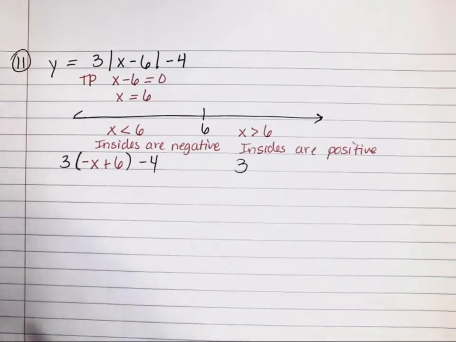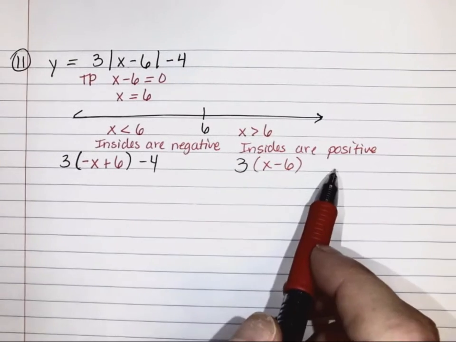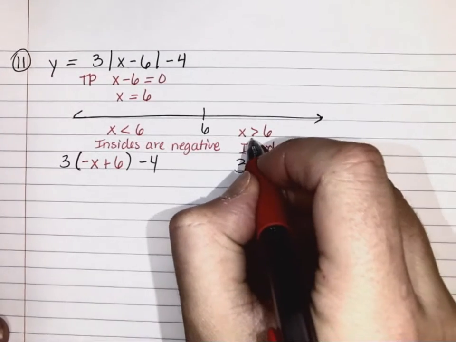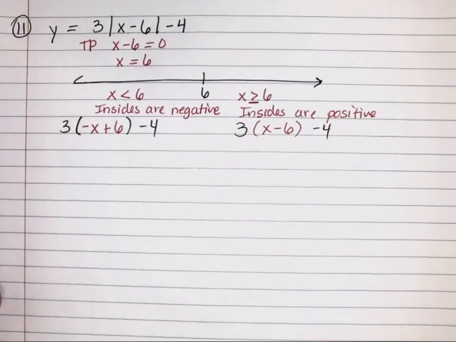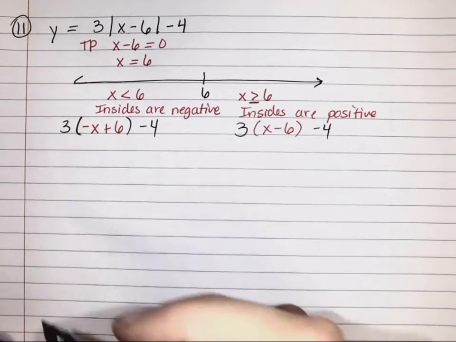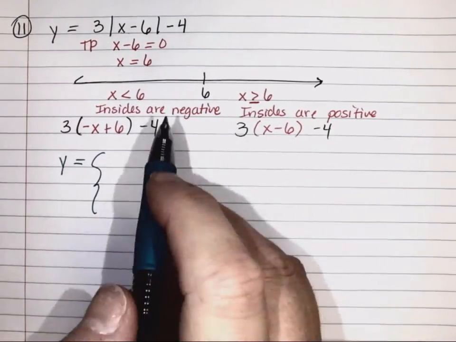So I got 3 it stays the exact same, x minus 6 minus 4. And remember, when it stays the same, that's the part that gets the equality. And all I do to rewrite this in piecewise is I say y equals swirly brace.